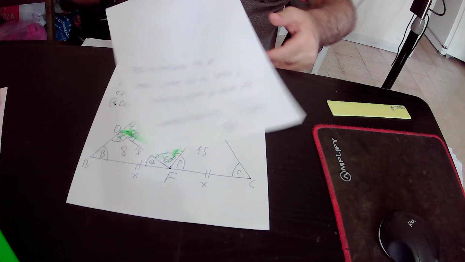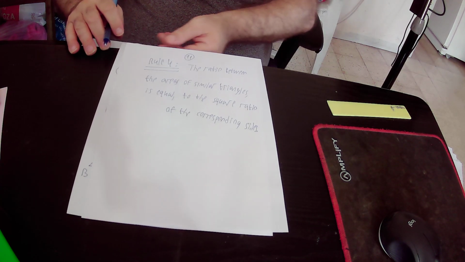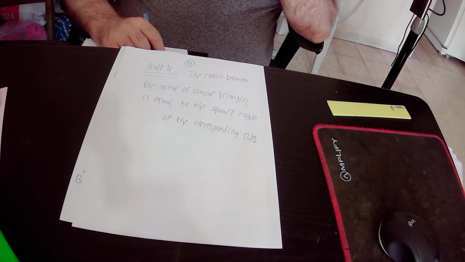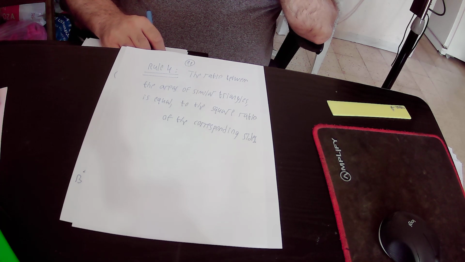I will read rule number 4 again: the ratio between the areas of similar triangles is equal to the square ratio of the corresponding sides.